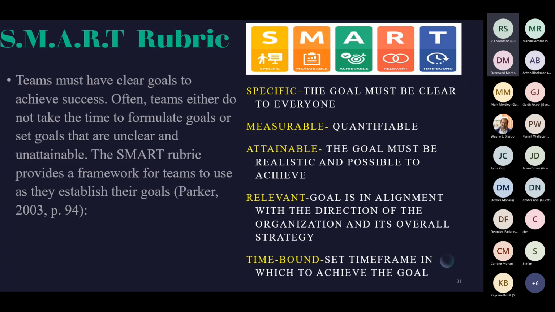Five, time bound. There is a set time frame by which the goal will be achieved, either in a semester or a year. So once you follow this SMART rubric, it will allow you to achieve success by having a clear goal set out.